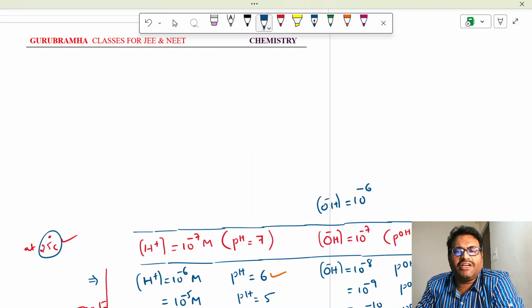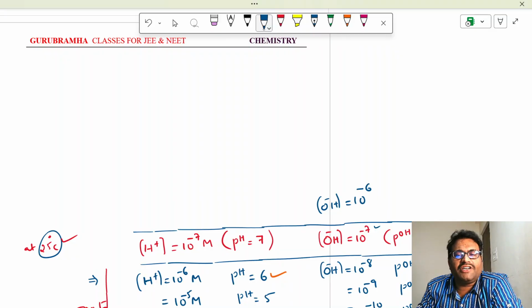If OH minus ion concentration is 10 power minus 6, is 10 power minus 6 greater than 10 power minus 7 or less than 10 power minus 7? 10 power minus 6 is greater than 10 power minus 7.